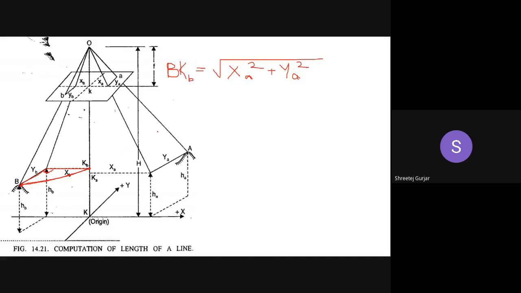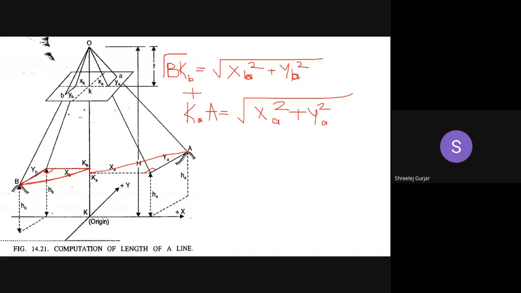Similarly, if you join this KA and this A using a straight line, this is forming a right angle triangle. This is the 90 degree angle over here. So the hypotenuse length, the length KA to A, using the Pythagoras theorem, will be the square root of xa squared plus ya squared.